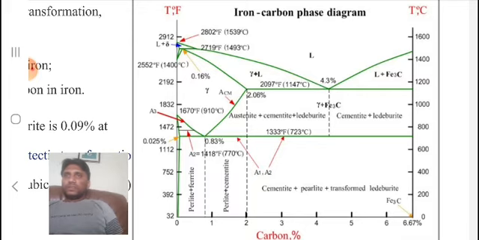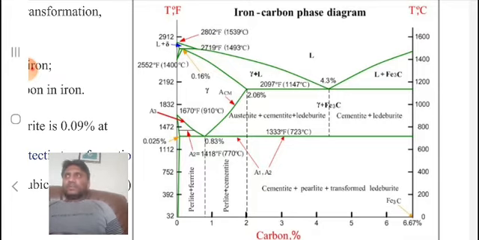So points at 910 degrees centigrade and 1401 degrees centigrade show the allotropic transformations of alpha iron into gamma iron at 910 degrees centigrade, and from gamma iron to delta iron at 1401 degrees centigrade.